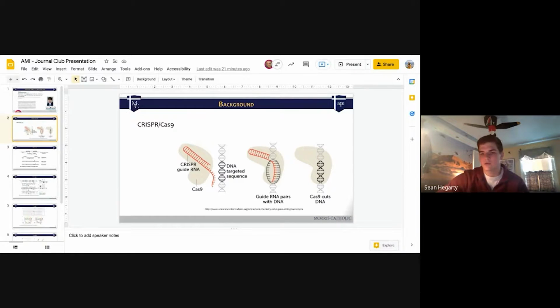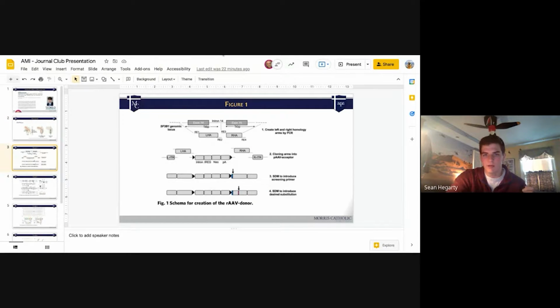And so the main thing they needed was a vector to get the CRISPR into those cells, and they needed to combine a bunch of things to make this system work and be able to detoxify that gene. And so we go on to figure 1, and figure 1 is basically the creation of the donor.